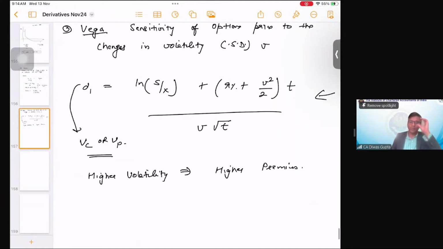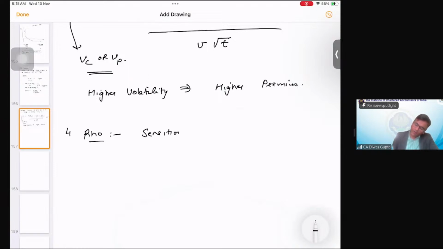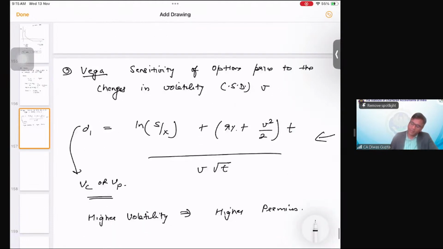Now let's come to rho. Can anyone guess what it will be? Sensitivity of options price to changes in the, what other things can you see here, students?